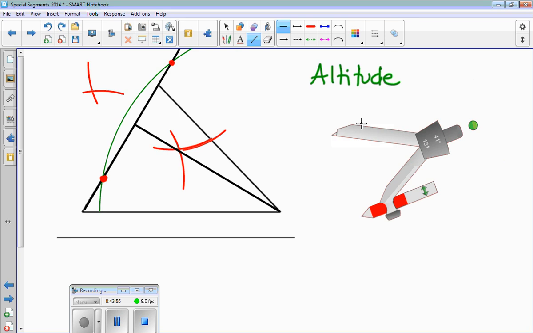So it's more than halfway. Make an arc here. You need to connect those two. Okay, let me redo this one real quick so we can see. So watch me real quick. I'll redo it so you can see what I mean.